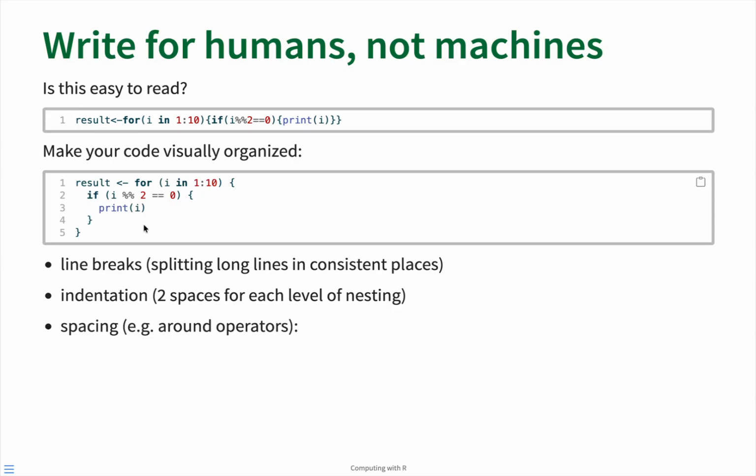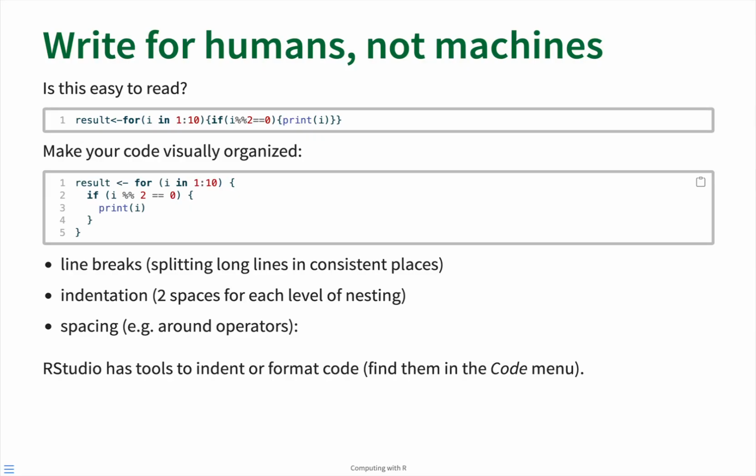We've also put spaces around the operators. For example, around the modulus operator, the double percent symbols, we've got spaces. Also around the double equals sign, which also make our code a lot easier to read.